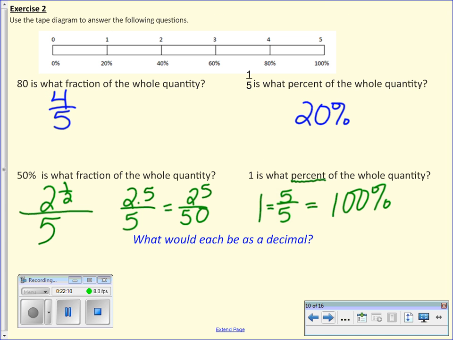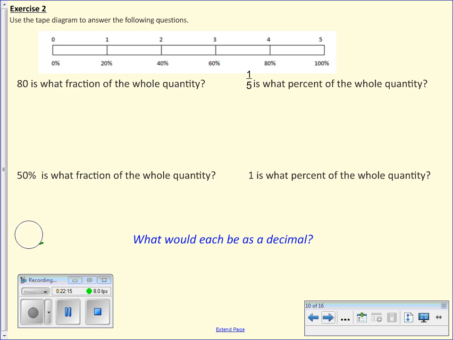All right, turn the page. They already drew the double number line for you. How nice of them. So what is our whole? What fractions are we looking at here for the 100%?